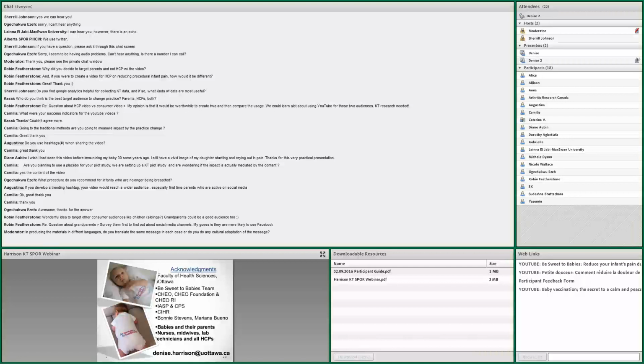Okay, so a question about the translation. Actually, I'll come back to that. Thank you, Robin, about grandparents. Survey them first to find out about social media channels. Your guess is they're more likely to use Facebook. Okay, that's a really good point. And you bring up a good point about Facebook also.